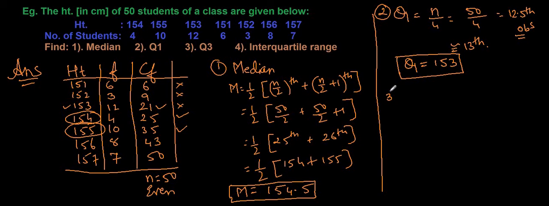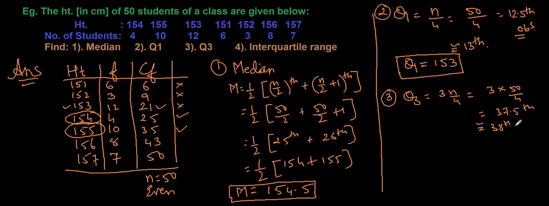Then number 3, what we have to find out? Q3, that is the upper quartile. Upper quartile is the 3N upon 4 observation. So 3 multiplied by 50 upon 4 comes up to the 37.5th observation, which is approximately the 38th observation.